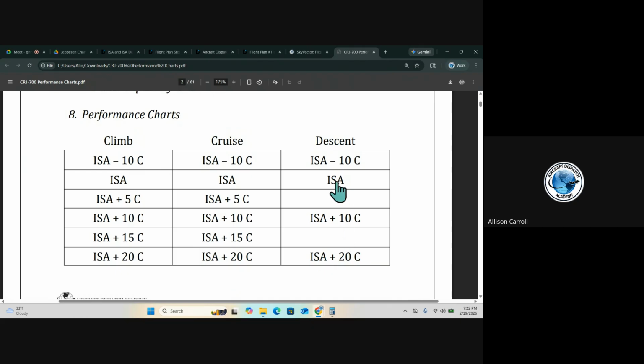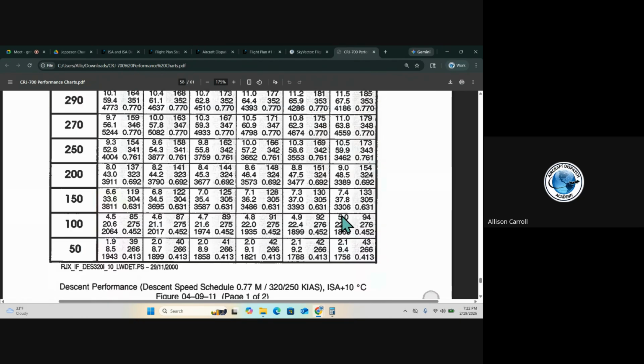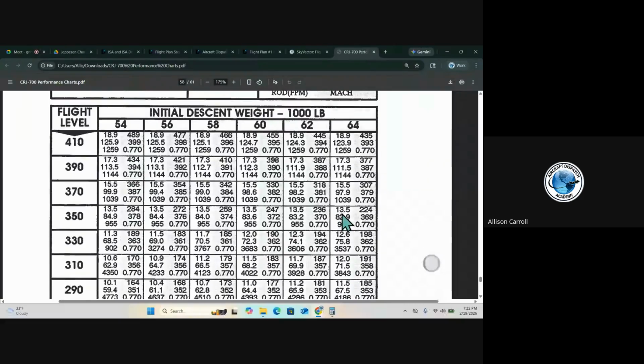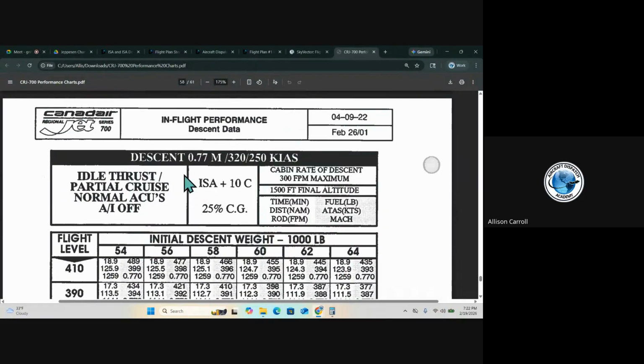So we either use ISA or ISA plus 10. Which one are we going to use? Plus 10. Why? Warmer. Yes. See, you guys are going to dream about it. You're going to hear my voice in your dreams. All right, so double check yourself. Descent chart, ISA plus 10.